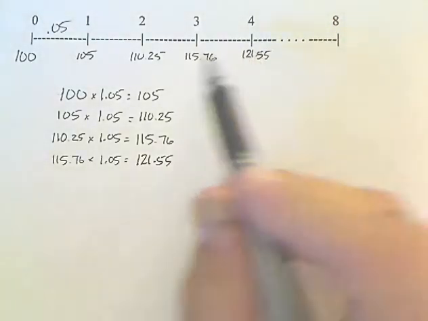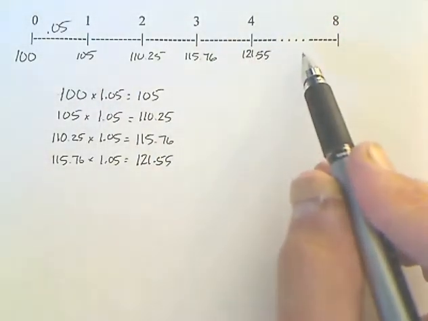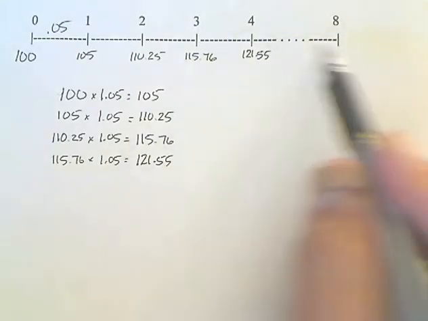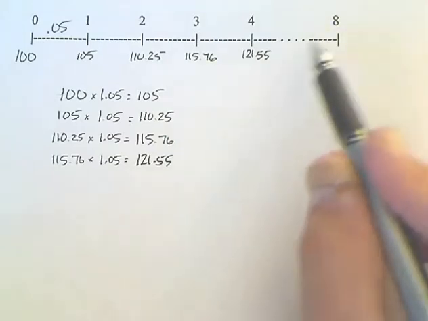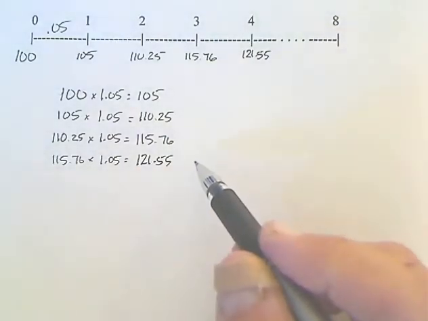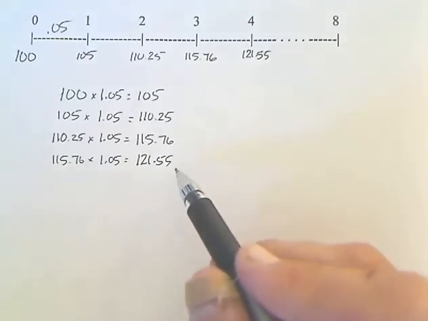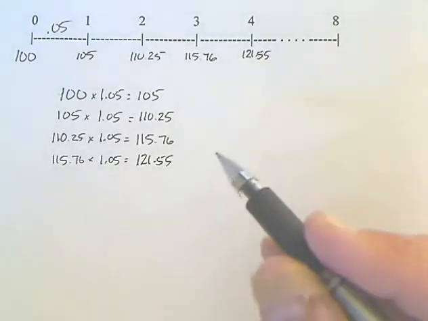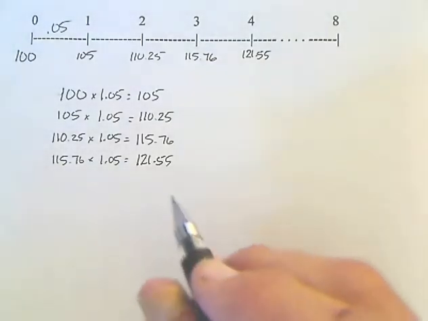I didn't do this when I was explaining timelines, but this is just a break in the timeline. For instance, if we were going out to 8 years and I don't have enough space to put 8 years on here, I'll just break it and then go to 8. So after 4 years, we've got 121.55, and we can do that, but as you can see, this process would take us a long time if we were going on a number of years.